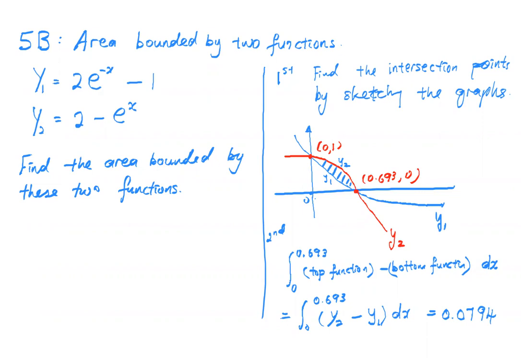Now if the question asks for the exact value, or exact area, what should you do? Then you have to integrate, and very important, you have to solve the simultaneous equation to get the exact x coordinate of the intersection point.